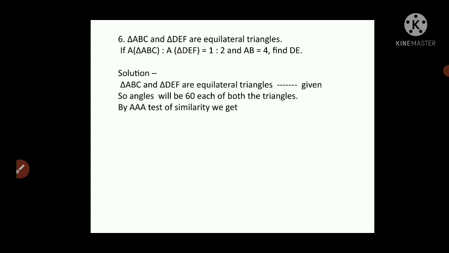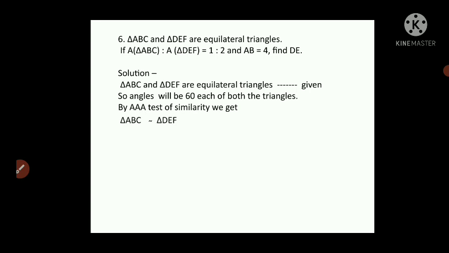Angle A, B, C will each be 60, and angle P, Q, R will each be 60. So angle A equals angle P, angle B equals angle Q, and angle C of the first triangle equals angle R of the second triangle. Hereby, by the AA test of similarity, we can say both triangles are similar.